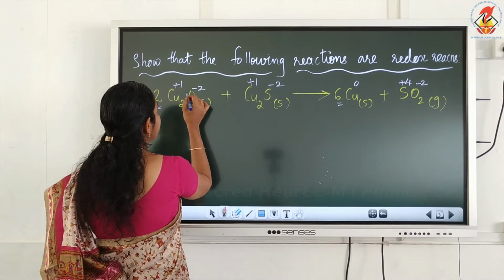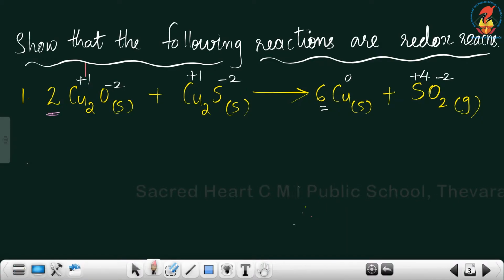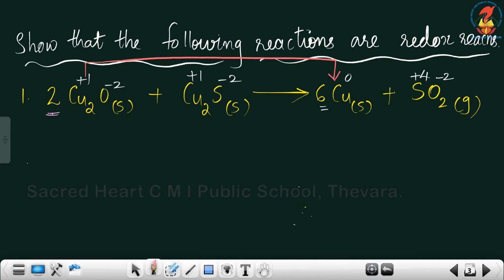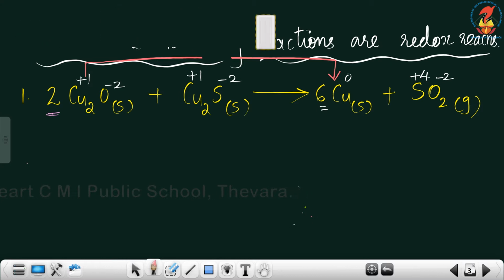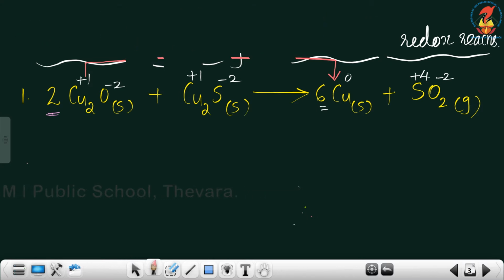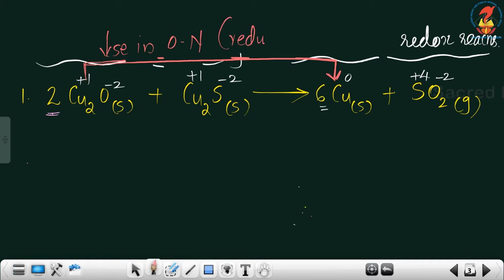So what is the change in oxidation state of copper? Copper +1 to 0. +1 to 0 means there is a decrease in oxidation number, and decrease in oxidation number represents reduction.